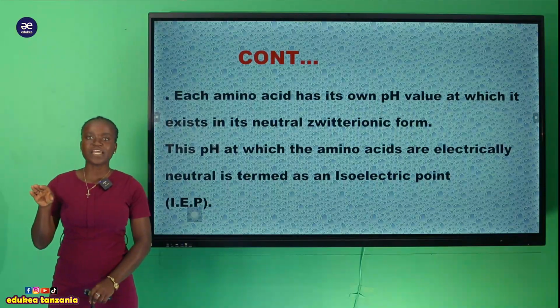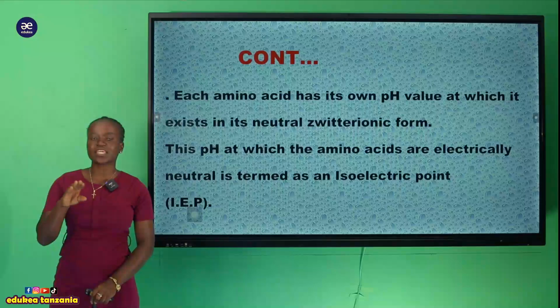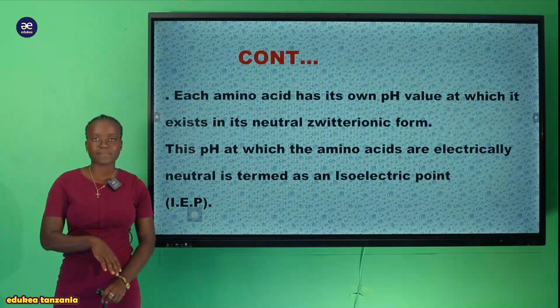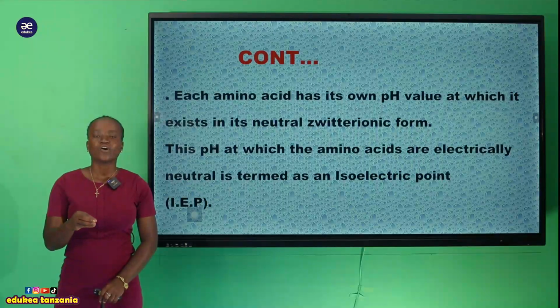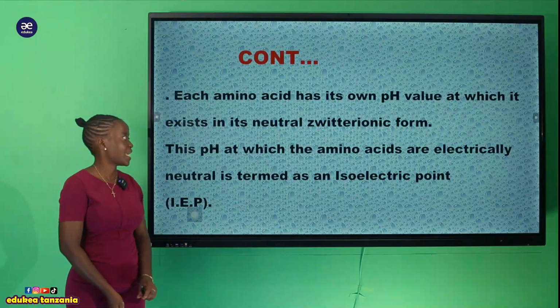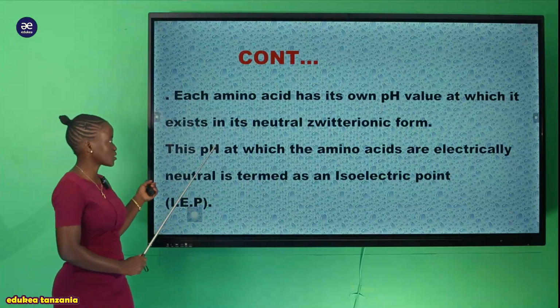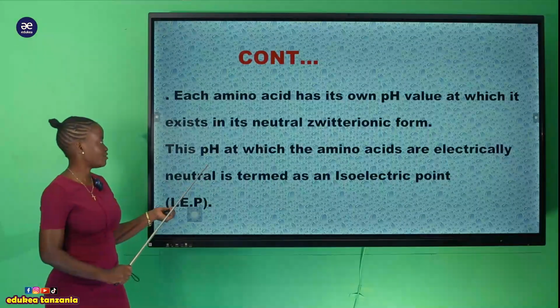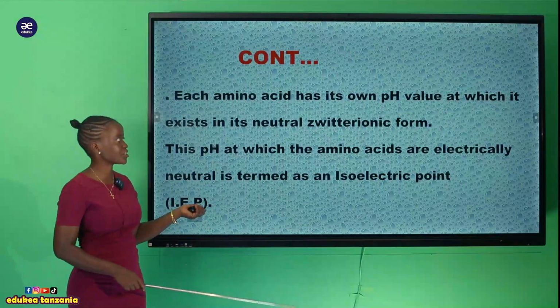As a result, one side becomes more negative, while the other part becomes highly positive. So we say that the pH at which the amino acid is electrically neutral is termed the isoelectric point.